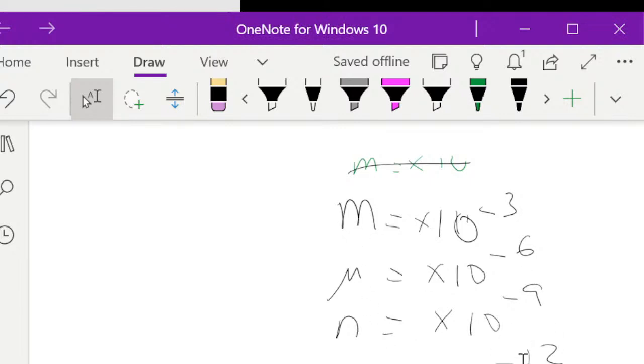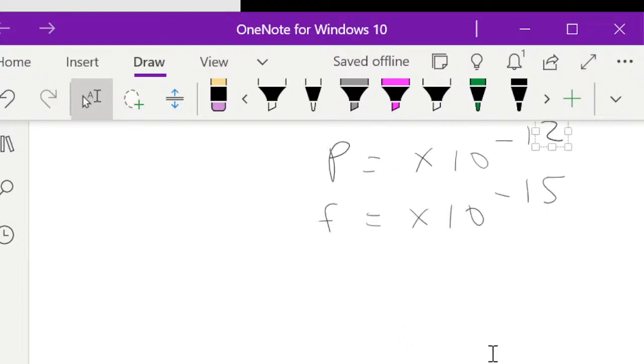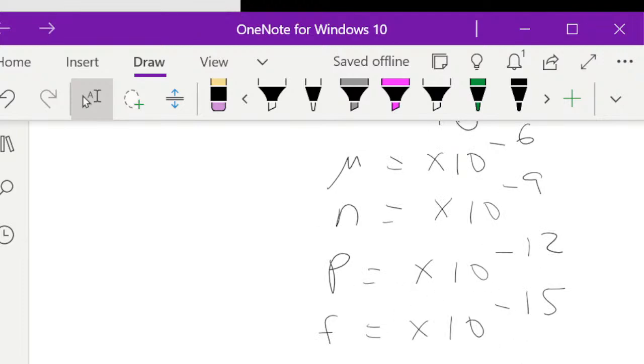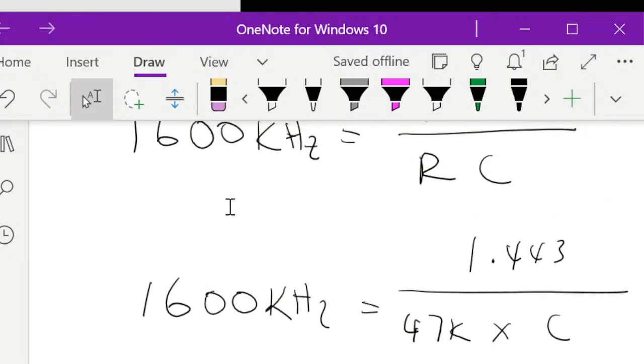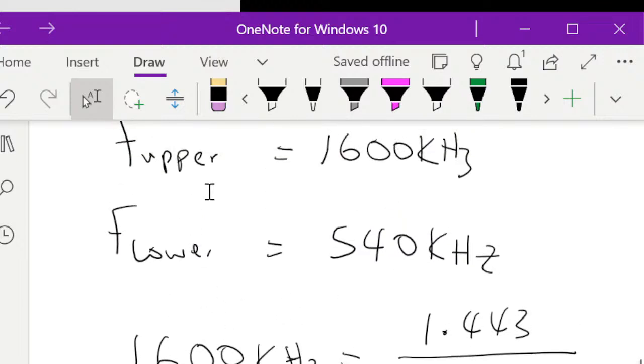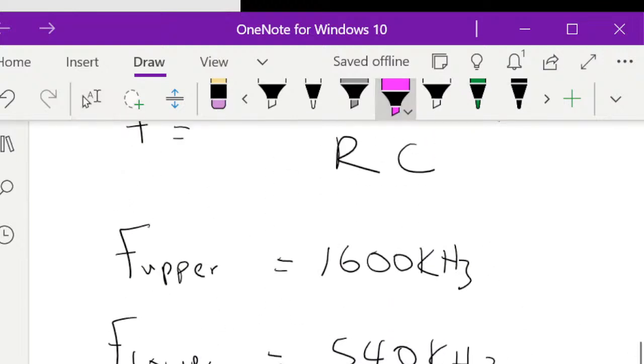So we just shift the decimal one place, so that's all we did. All right, so let's go back here. So that's how we got 19 picofarads, right? Then this is the F upper. We just calculated F upper, which is this one here.